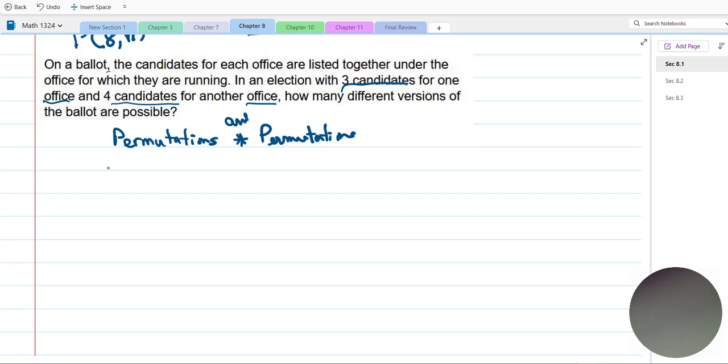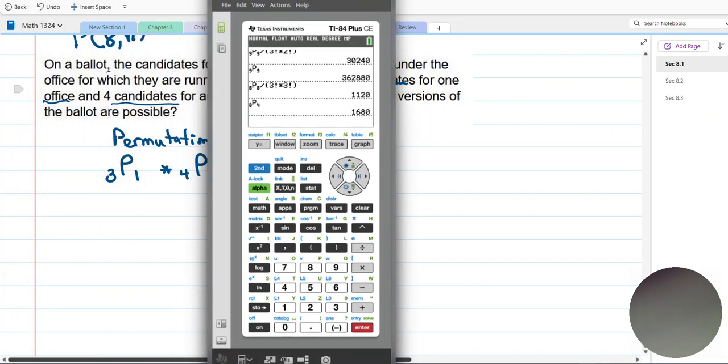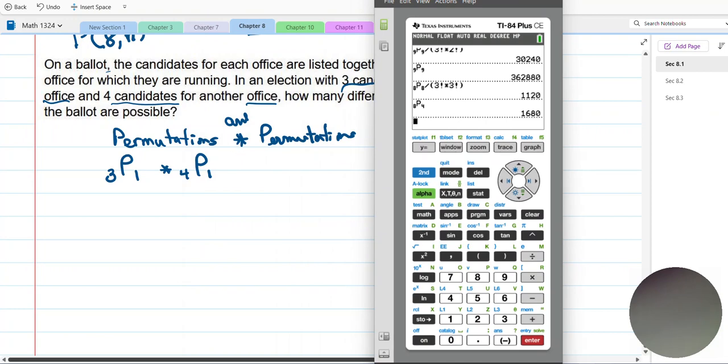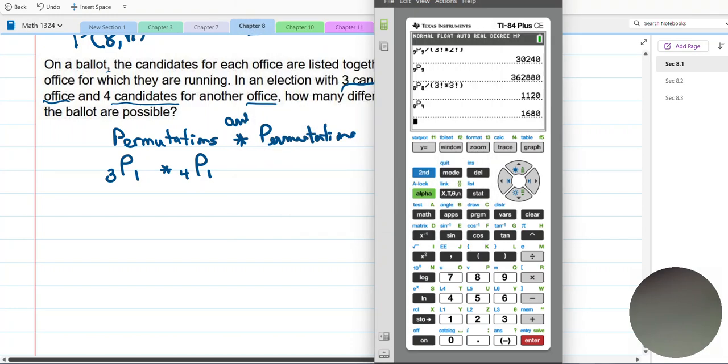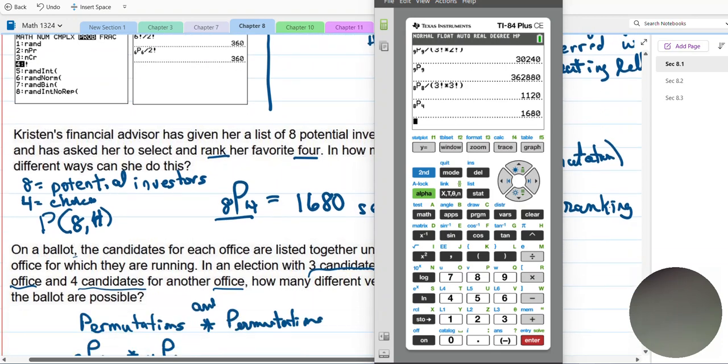All right, so let's write our permutations. We're going to have 3P1 times 4P1, because the other one has 4 for another office. So that's what we're going to do on our calculator. So we're doing the multiplication rule after we do the permutations. So let me take a screenshot of that. Let me stick it up here someplace.